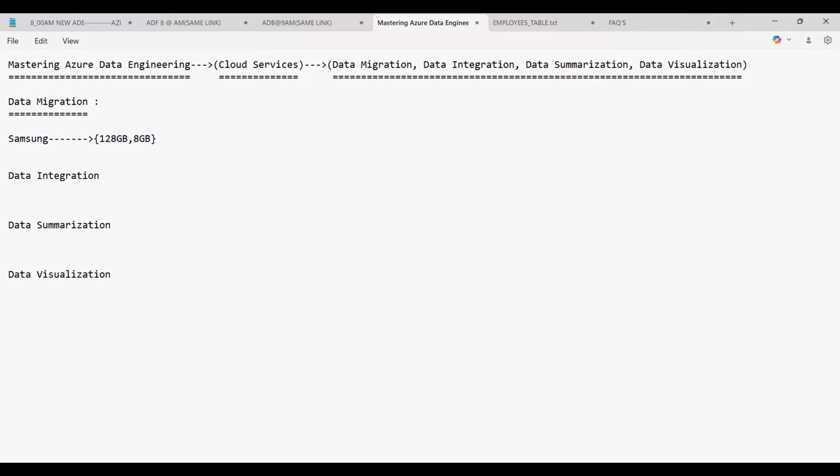So now this is the configuration of your mobile phone: 128 GB and 8 GB respectively. Can you store 500 GB of data here? Suppose you got some data from somewhere, some photos, pictures, some videos, and you need to store it all.